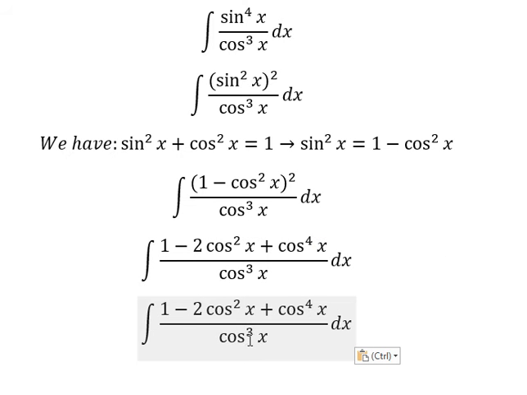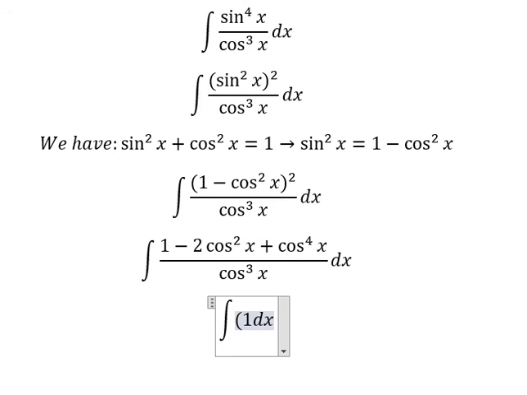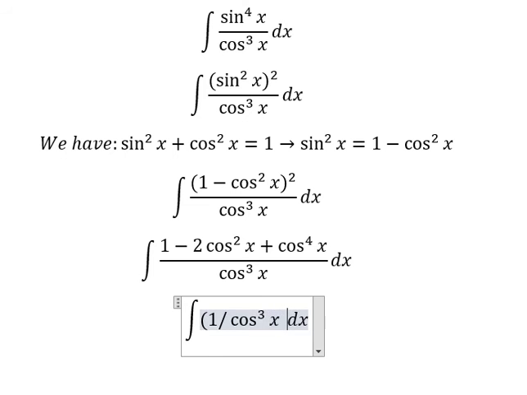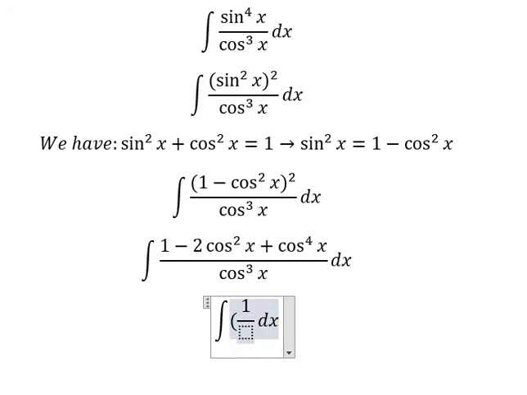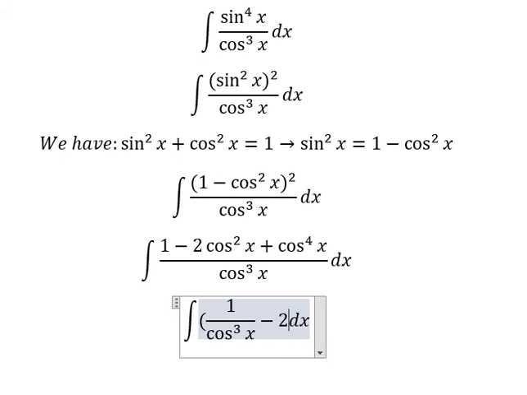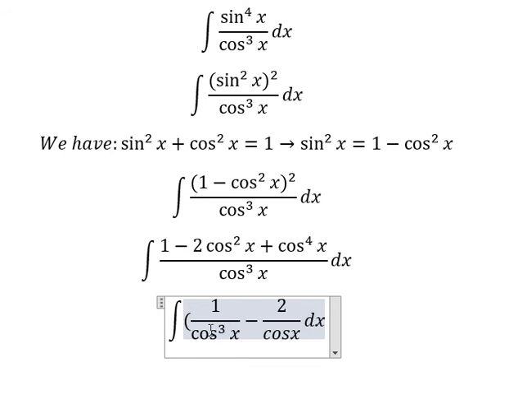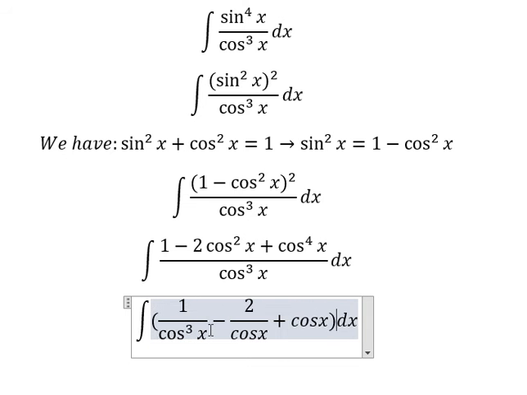So we divide each term by cosine x, and you will get 1 over cosine x to the power of 3, minus 2 over cosine x, plus cosine x.